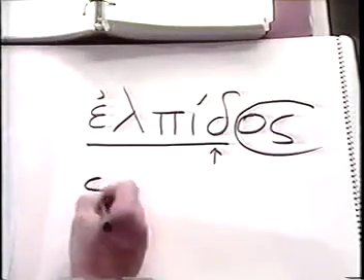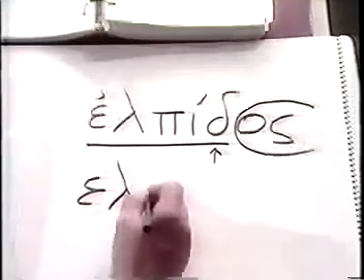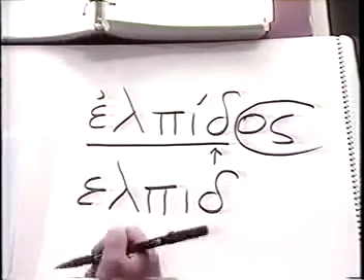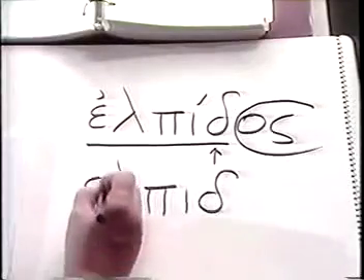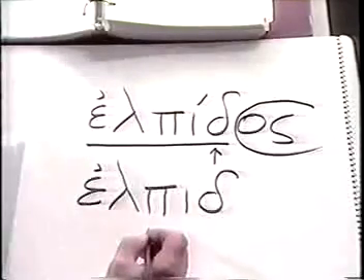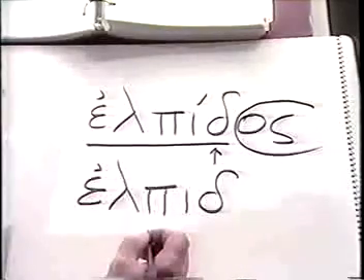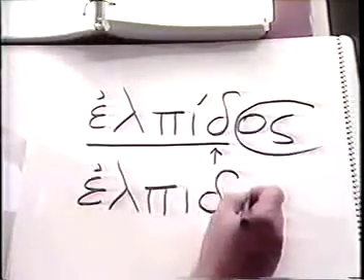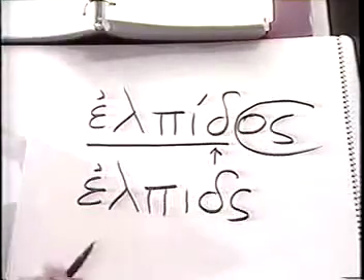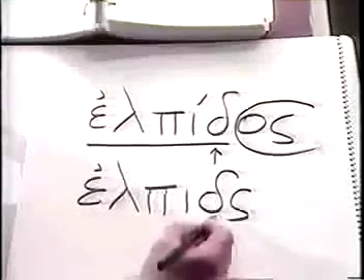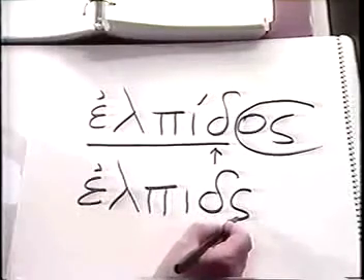Well, if I take that stem and I add to it the singular nominative, now in the third declension, the singular nominative is either what? A sigma or nothing. In this case, it's a sigma for the singular nominative. Now what will happen to this form here? Look, we have a dental followed by sigma.